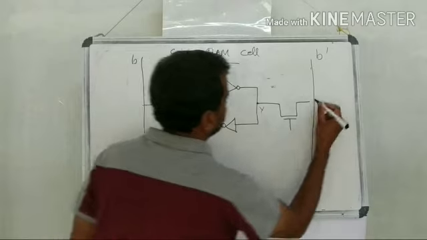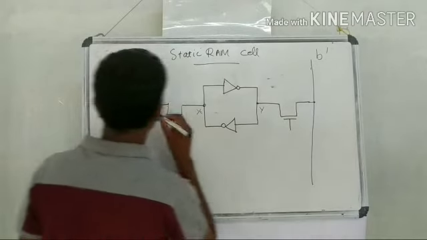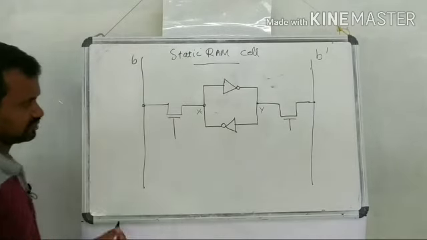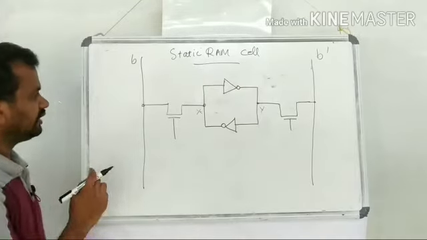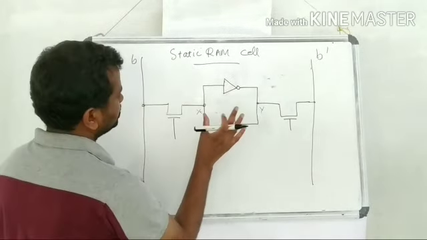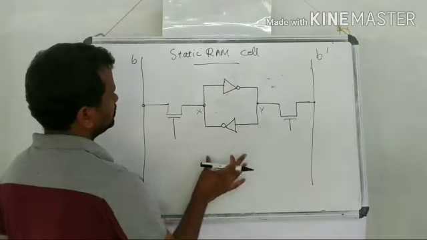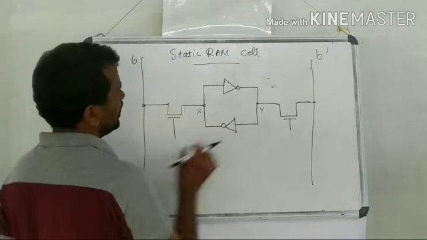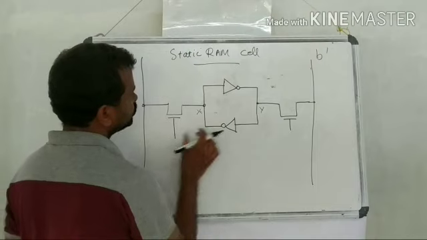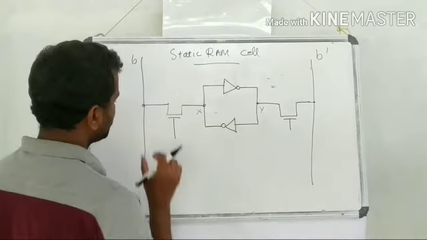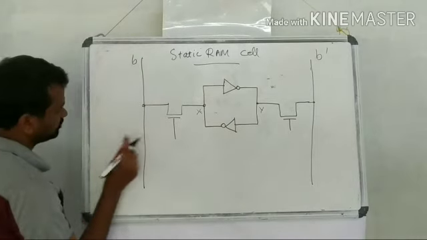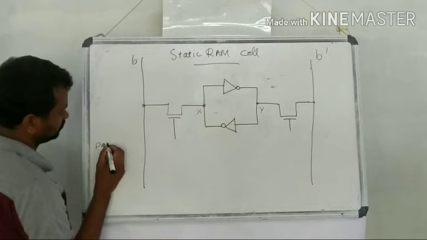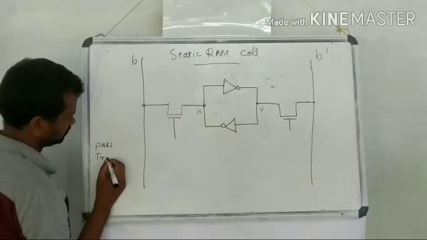These are our bit lines. Then this static RAM cell, or this latch, is connected to the bit lines B and B bar through two transistors. We can call these pass transistors.